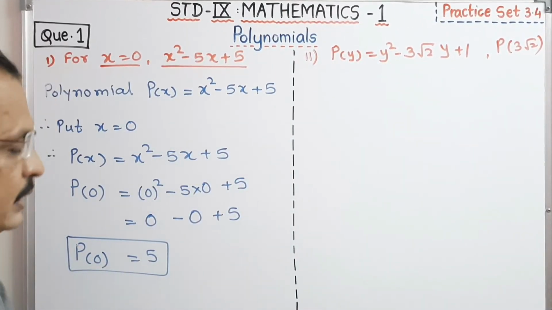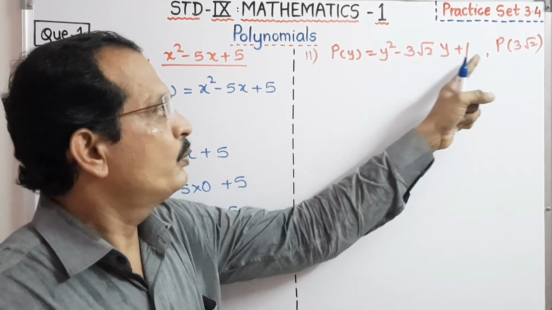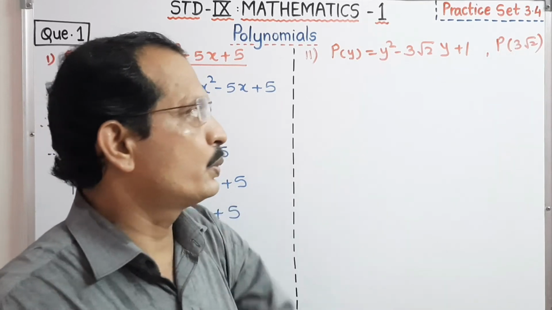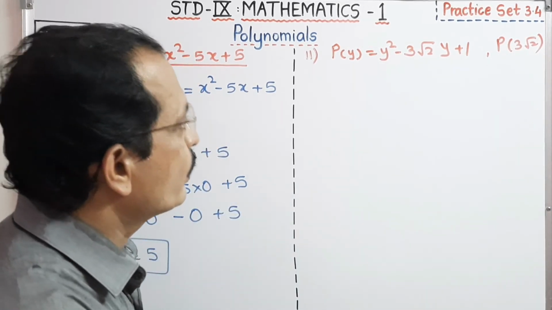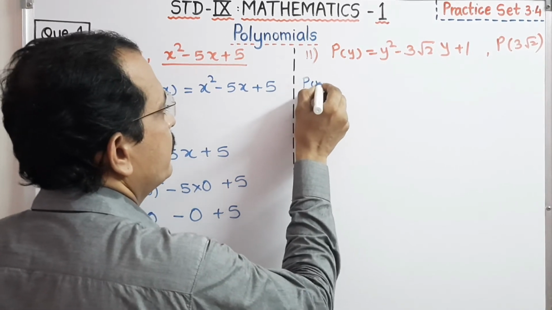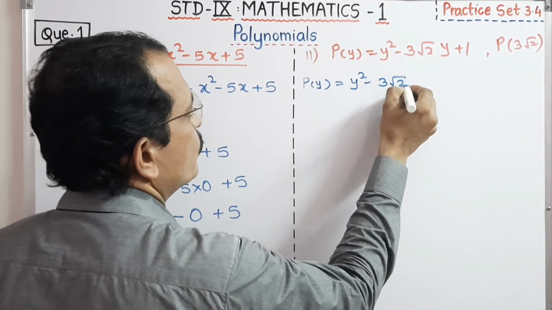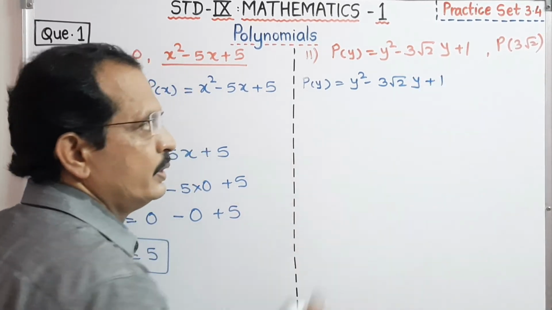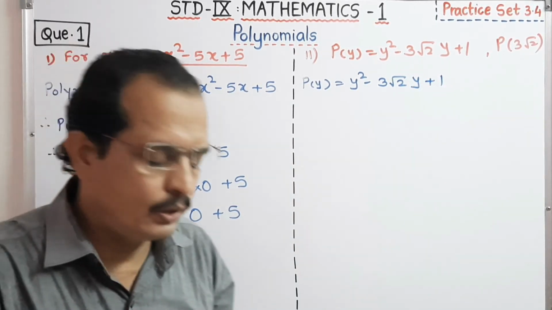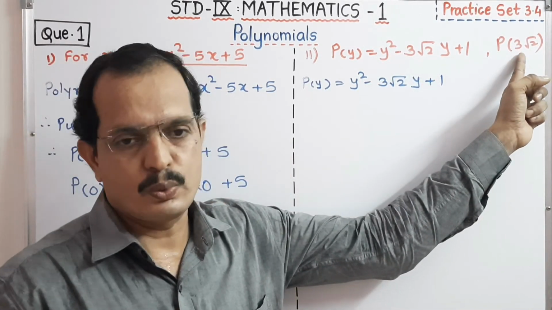That means one polynomial is given, and we have to find p(3 root 2), that is, the value. See here, first of all, write down p(y) is equal to y squared minus 3 root 2 y plus 1. Now we have to find the value of this polynomial for y equal to 3 root 2.